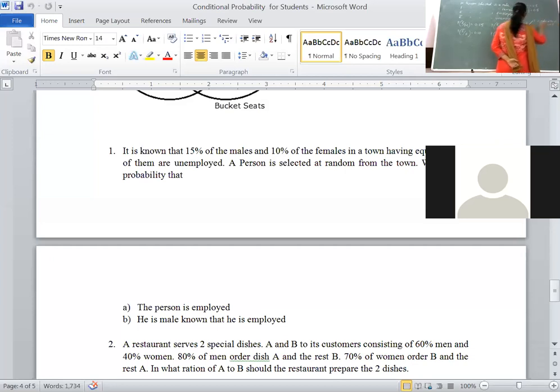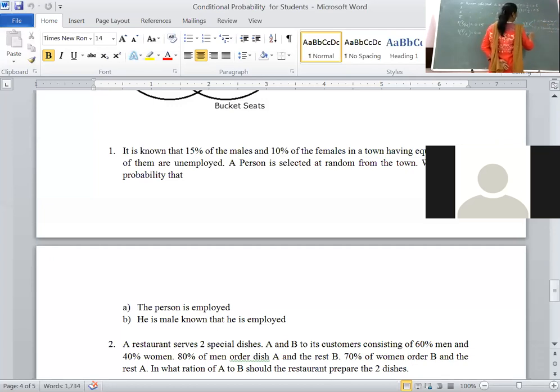What we need to find out is the probability that the person is employed. We need to calculate: the person is a male and he is employed, or the other option is the person is a female and she is employed. Two conditions here. Then how will we write?